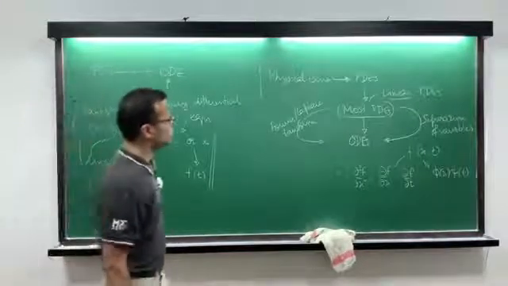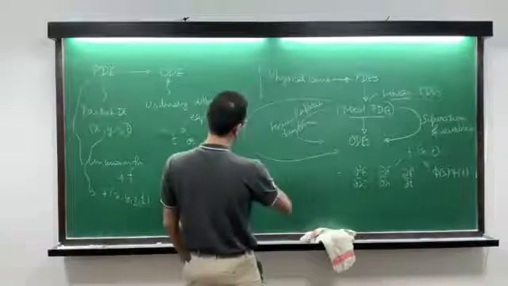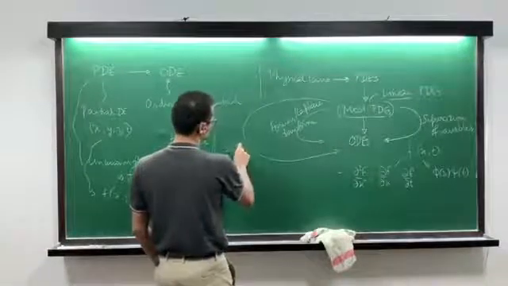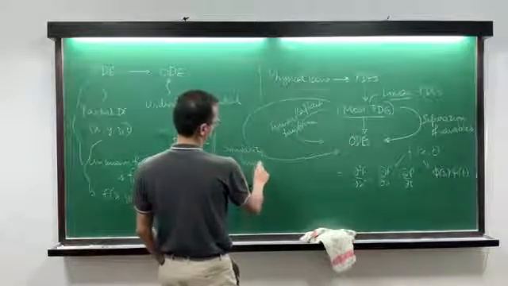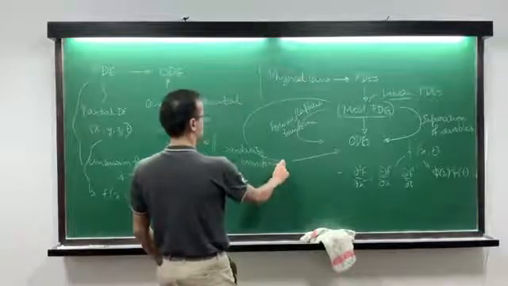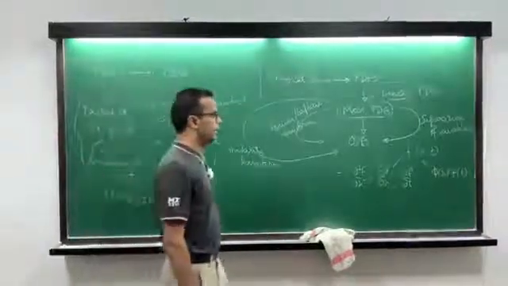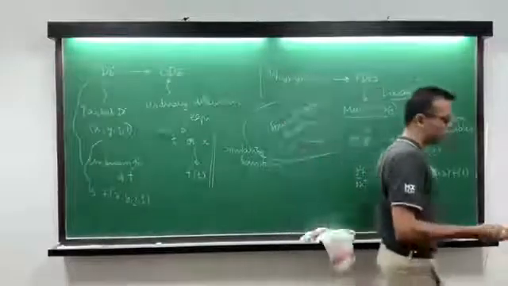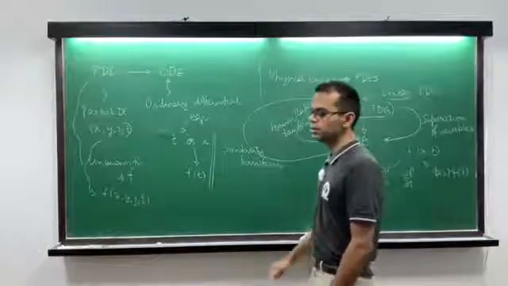There is one other technique. Of course, this is a little bit more obscure, but it is a very powerful technique. It's called a similarity transform. Okay, and that works in very special cases. Of course, it depends on the differential equation that you're talking about. It depends on the PDE you're talking about.